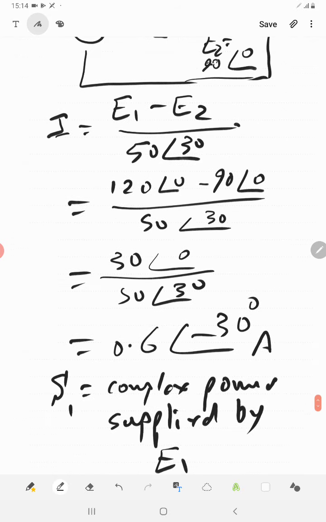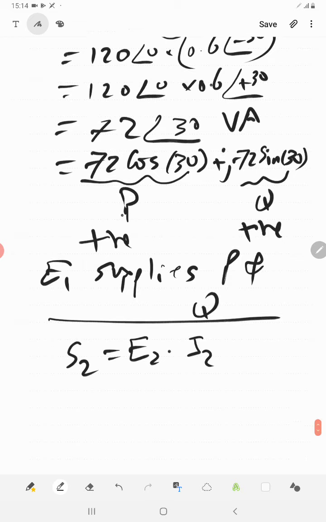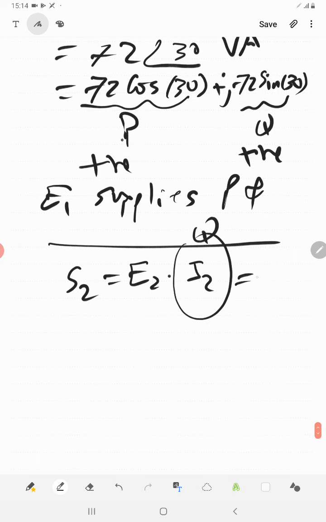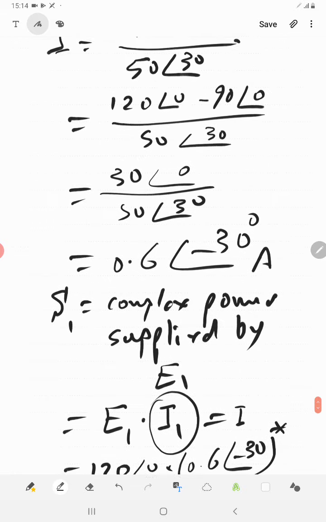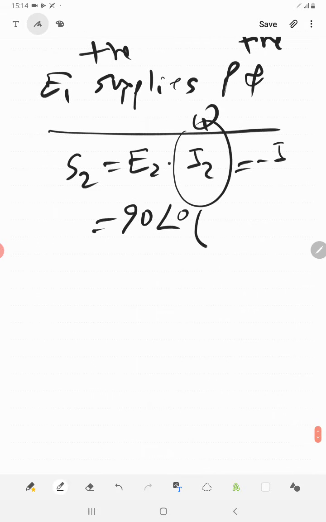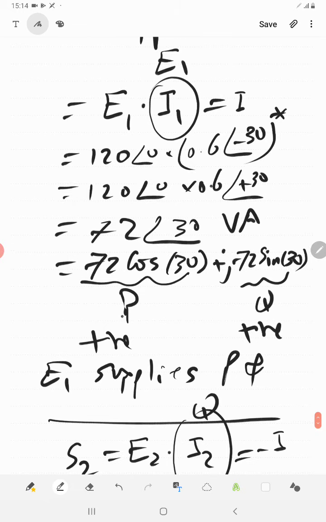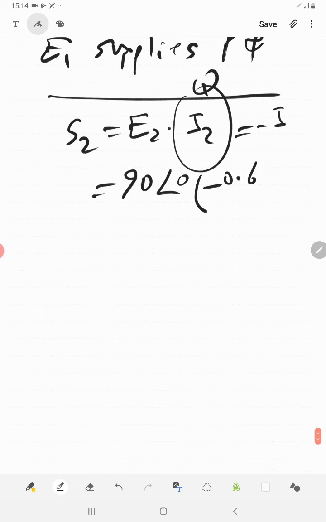Now we go back to the circuit where this is E2 and this is I2. Now I2 is minus I. I2 is equal to minus I. So this will be 90 angle 0, right? E2 is 90 angle 0 times minus I, minus 0.6 angle minus 30, conjugate.